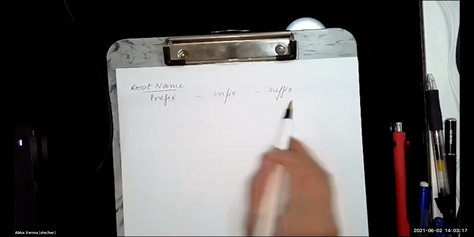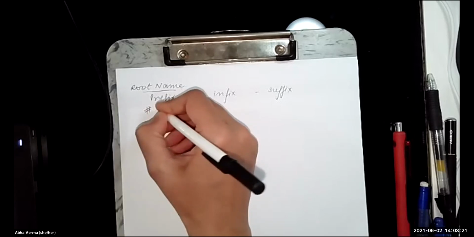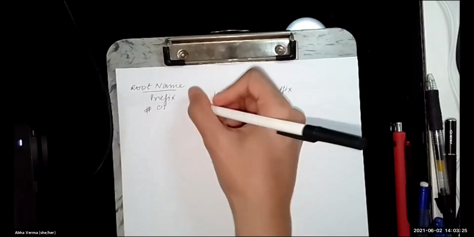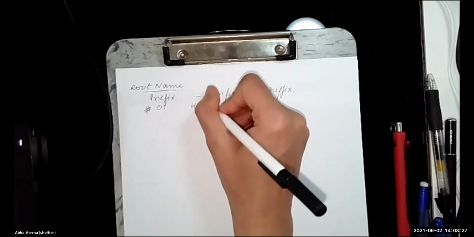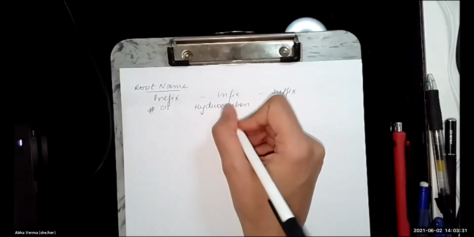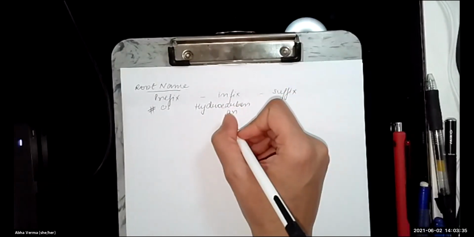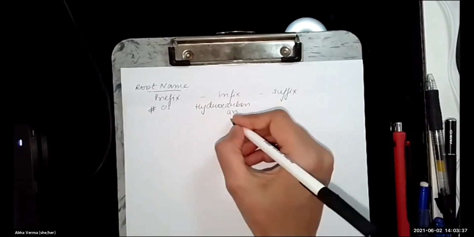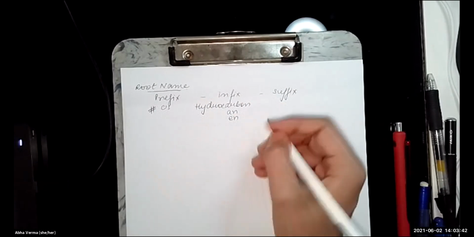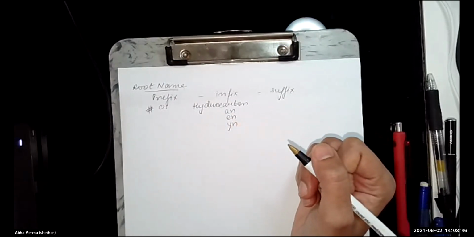Within this, the prefix is the number of carbons. The infix indicates what kind of a hydrocarbon is there. If we have an alkane throughout, it will be an. If we have an alkene, at least one double bond, we will label it with en. If there is at least one triple bond, we will label it as yn.